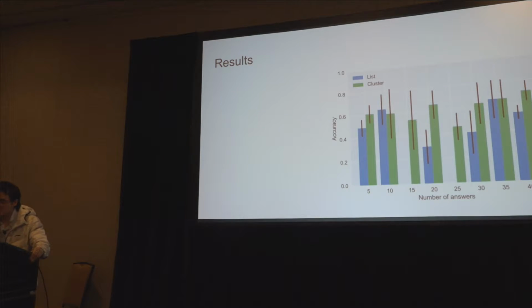We plot the accuracy and 95% confidence interval comparing the list group and the cluster group for predicting future annotations. We have several observations. The first one is it looks like cluster is generally better, although not by much.